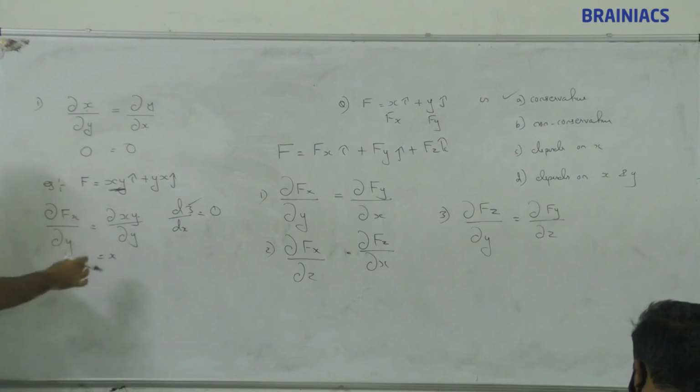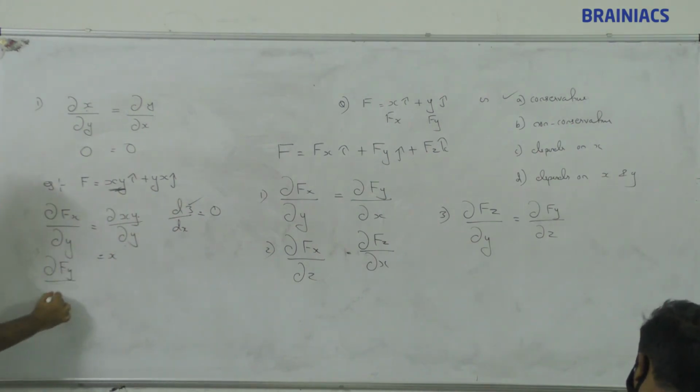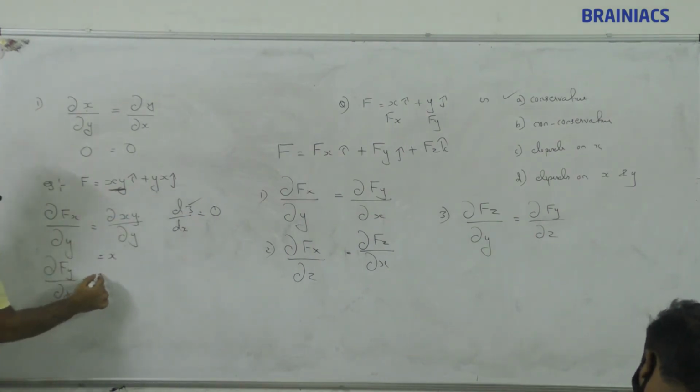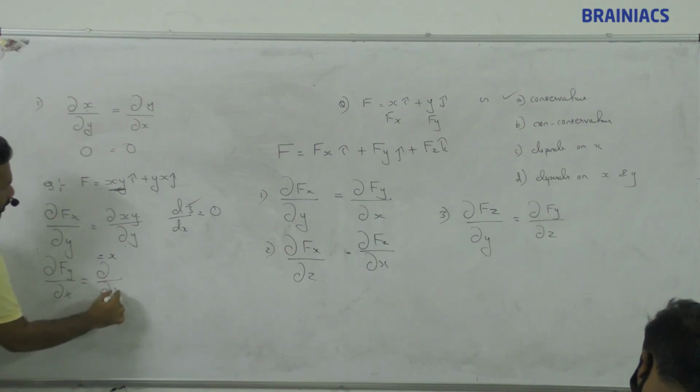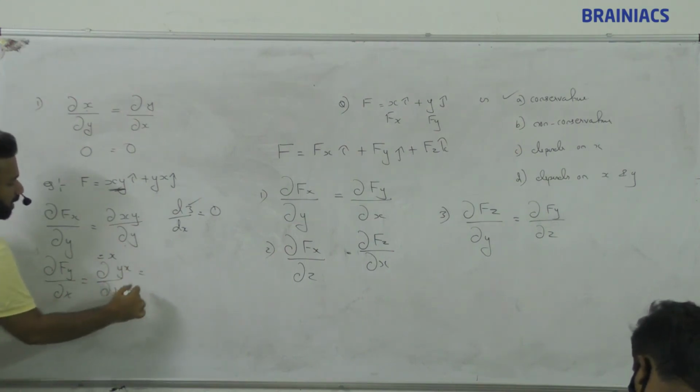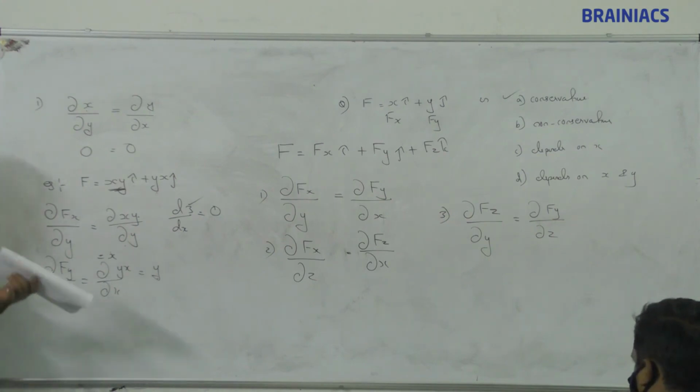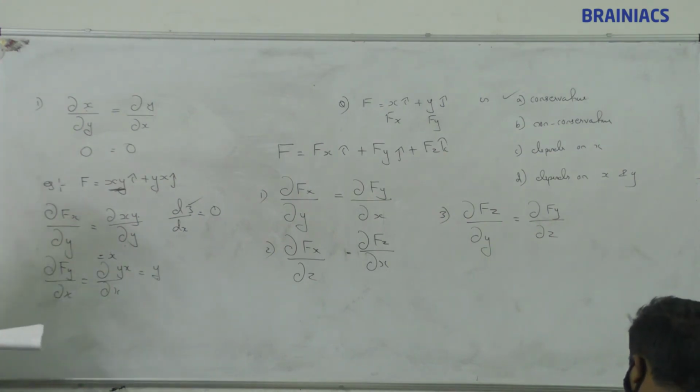So that is all. If I differentiate this with respect to x, ∂(yx)/∂x will become what? y. So this is not equal, not conservative. This is not conservative, but still not 0. Clear? Understood?